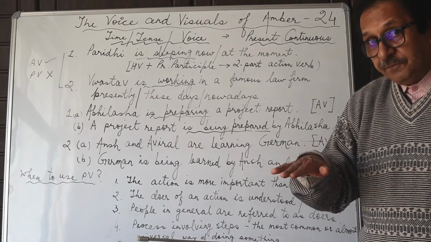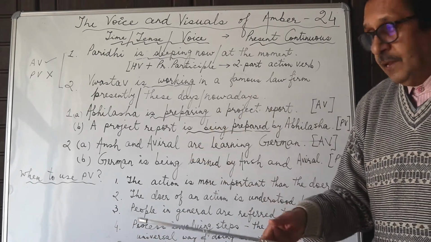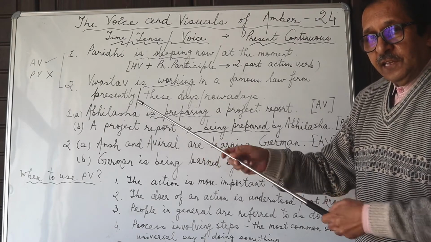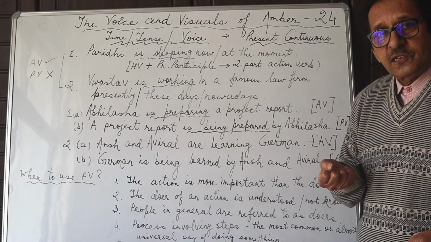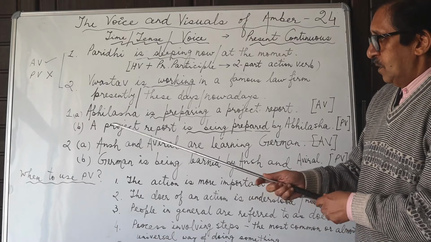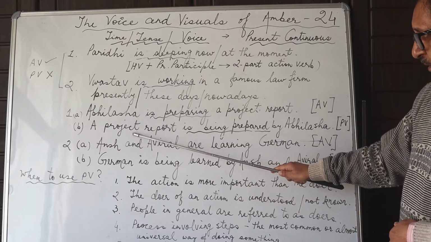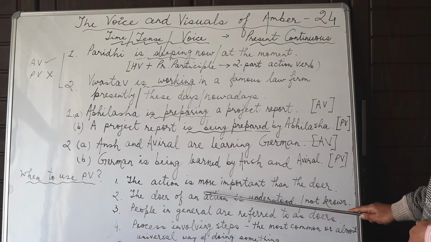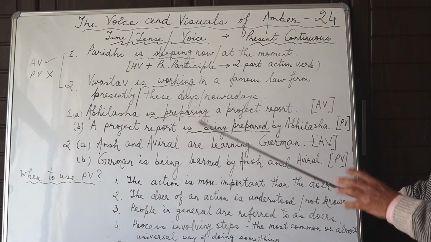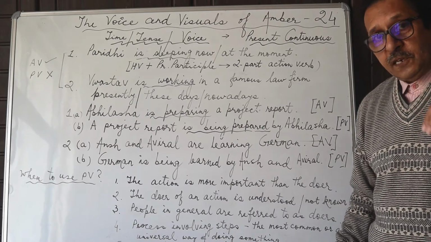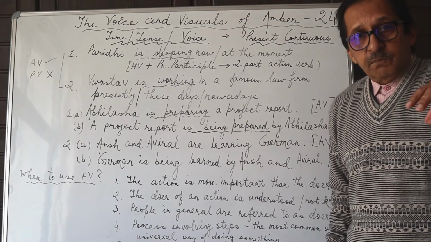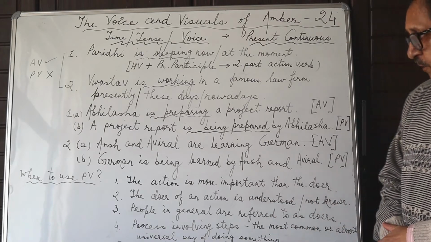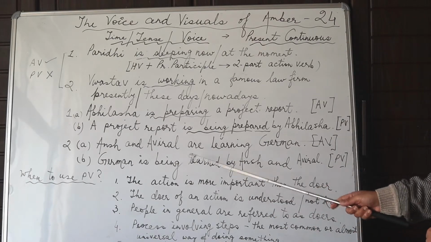So Abhilasha is not as important as the project report, which actually receives the focus. So when the action is more important than the doer, that is, the preparation of a particular project report is more important than the doer, then we use the passive voice.